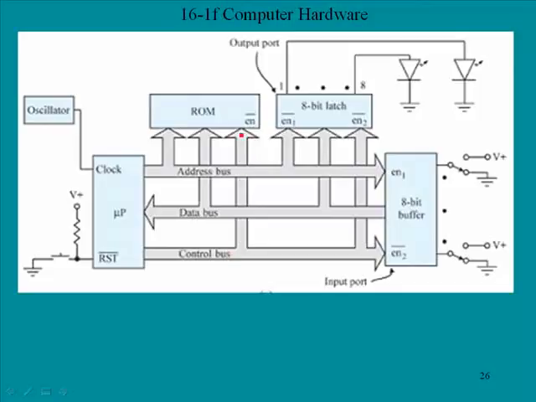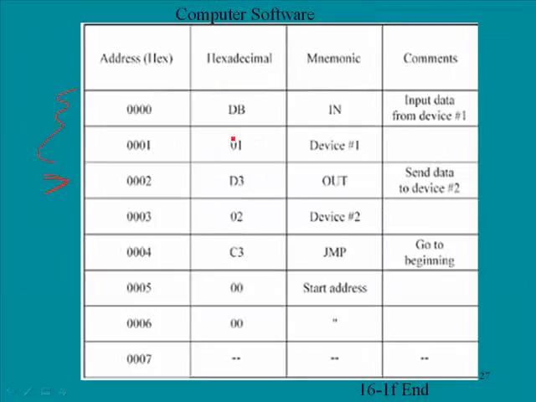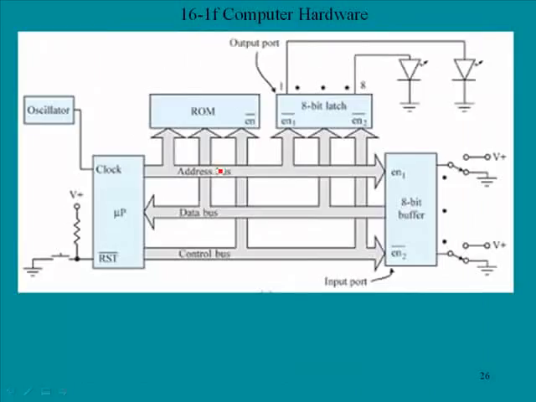The ROM places the information D3 on the data bus, which means we're going to have an output, and the microprocessor latches it into the instruction register within the processor. This is information saying output.